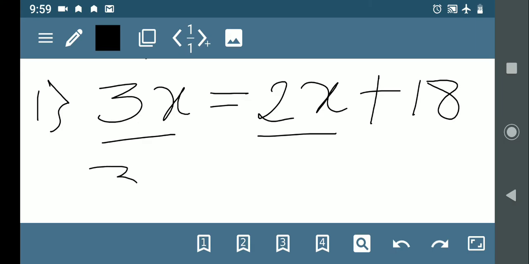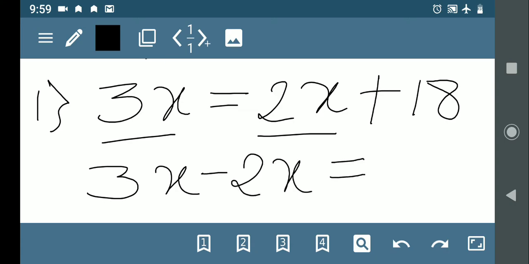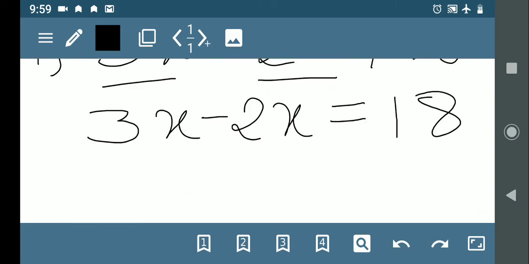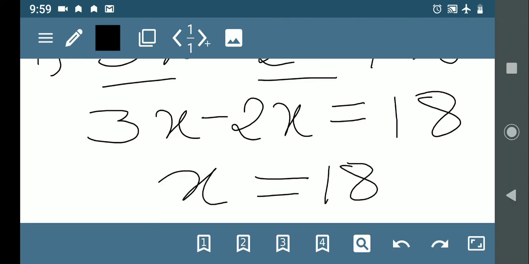That is 3x. When 2x comes to LHS, it becomes minus 2x is equal to 18. So 3x minus 2x is x. x is equal to 18.